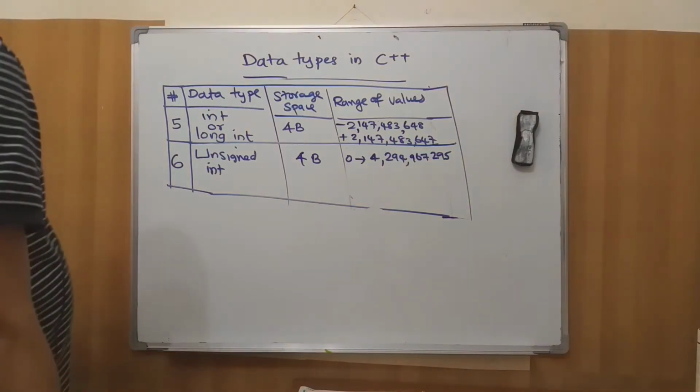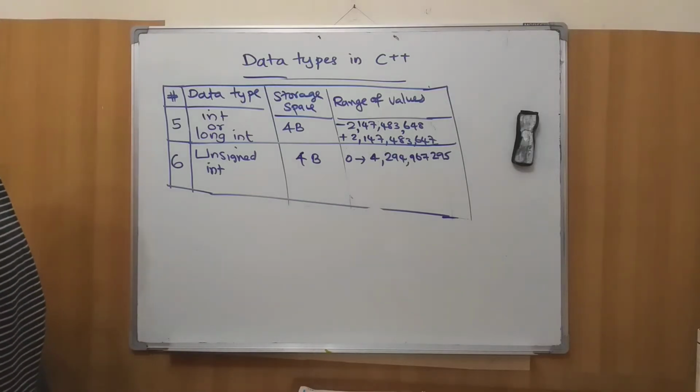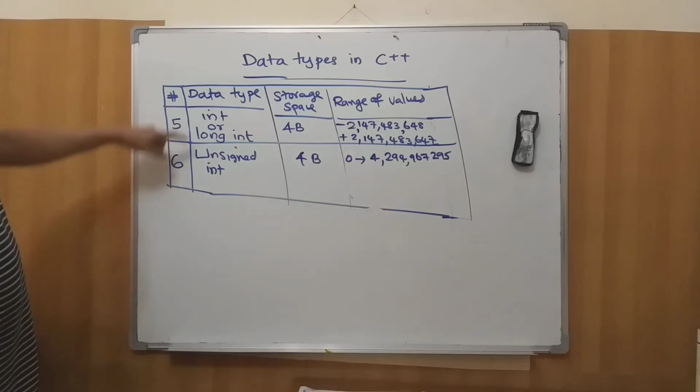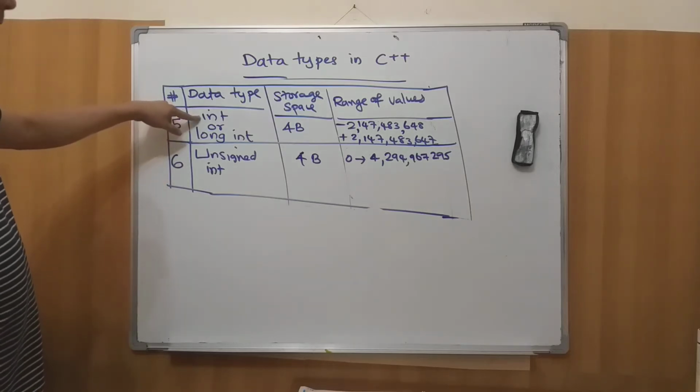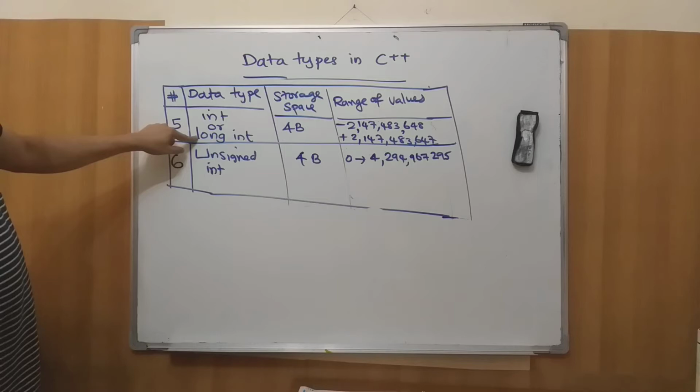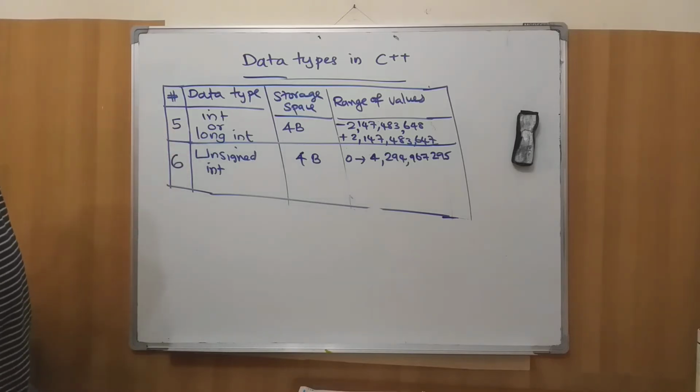In order to represent numbers beyond the capacity of short integer, the next option is called int type, sometimes also called long int type. When you define a variable as long int, the total memory space will be 4 bytes.